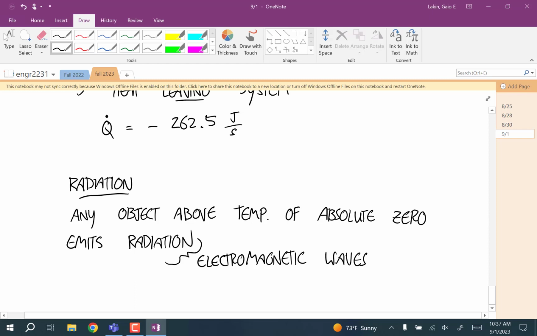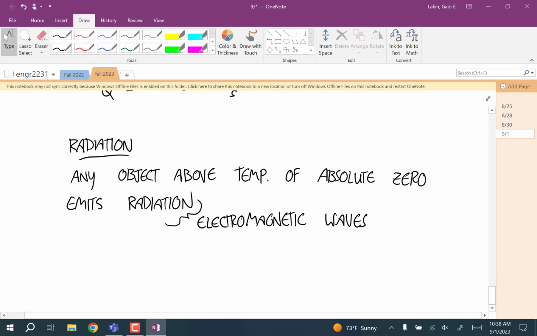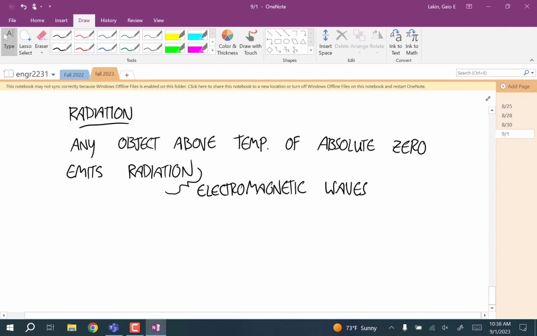These waves can travel through empty space. That's the only one of these heat transfer mechanisms that doesn't require any molecules in the path. And if that wasn't the case, there'd be no life, because that's how we get the energy from the sun. So radiation does not require a medium to transfer.